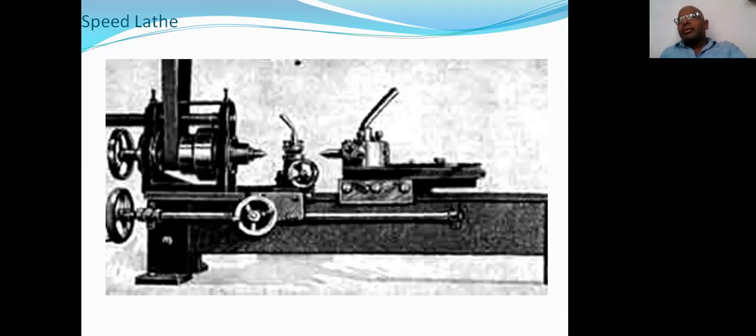So all of you clear? The important thing is, if the job size is somewhat larger, or the material to be processed is a hard material, in that case the belt is supposed to be mounted over the larger pulley.